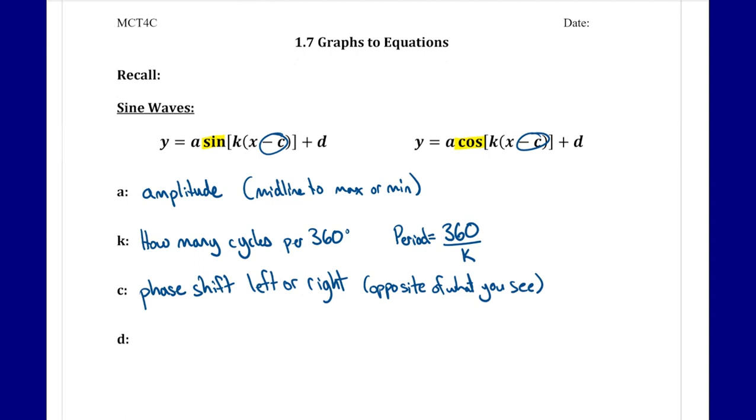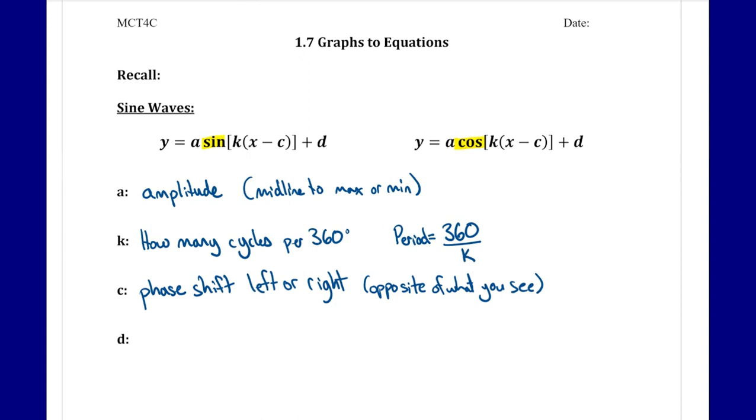So if I'm moving left, I would technically have a negative value, or I'd be subtracting to go left or more negative. But when I subtract a negative, it becomes a positive. So that's why it appears different in the actual formula, because the way the formula is set up, there's already a minus there to begin with. So if it's moving to the right, we would see minus a positive value, which is just a minus. And if it was moving to the left, like we said, minus a negative is positive.